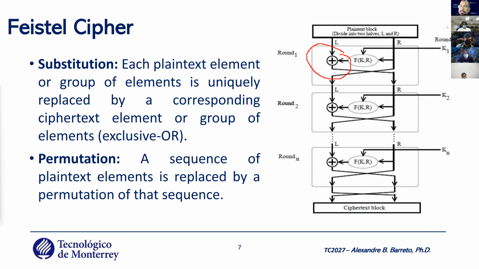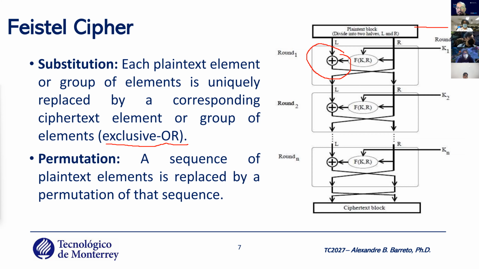It's the plain text box, okay? And you divide this plain text into the left side and right side, okay? Most of the Feistel ciphers use the same approach, okay? You receive a block, you split the block in two parts, and in one of these parts, you make a simple operation, the substitution operation. In this case, an exclusive OR, okay?